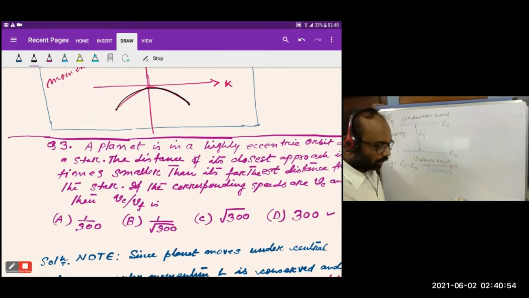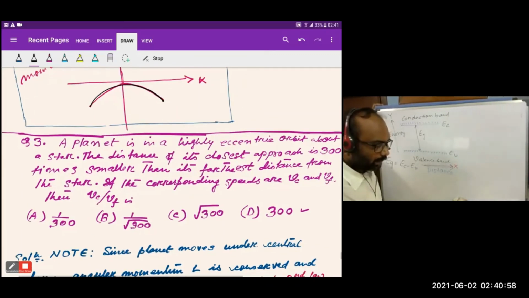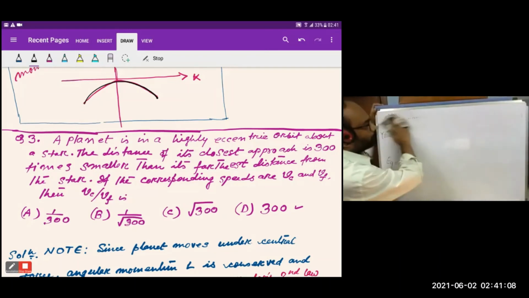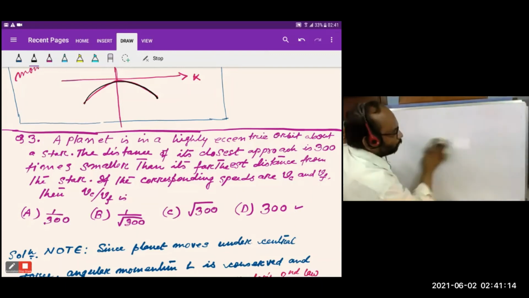Let's move to question number 3. A planet is in a highly eccentric orbit about a star. It is basically a Kepler's laws problem.